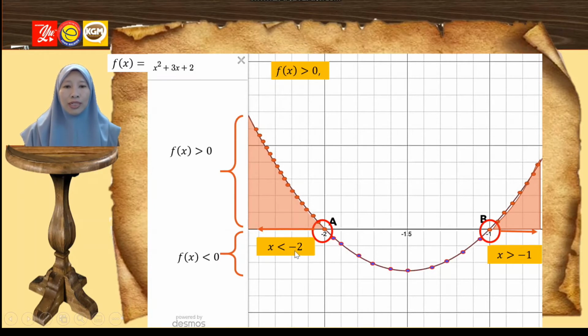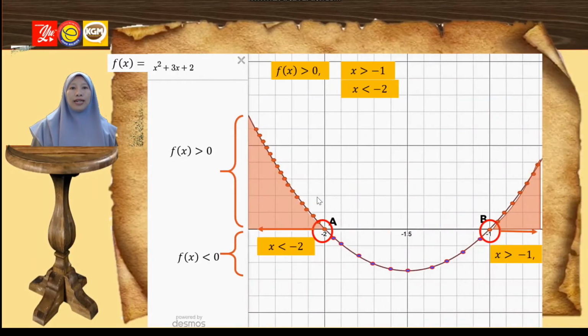Less than negative 2 means you can have negative 3, negative 4, negative 4.5, and so on. That is the meaning of inequalities. So here is the solution for f(x) greater than 0: x is greater than negative 1, or x is less than negative 2.